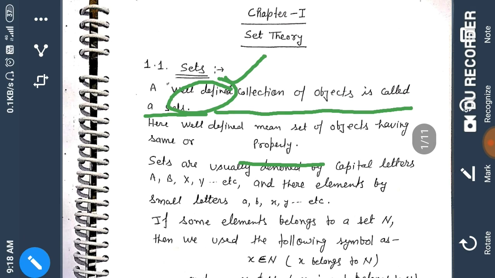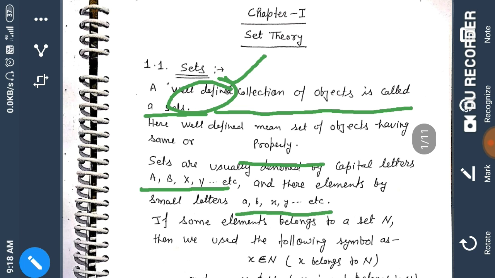Sets are usually denoted by capital letters like A, B, X and Y, and their elements by small letters like a, b, x and y.